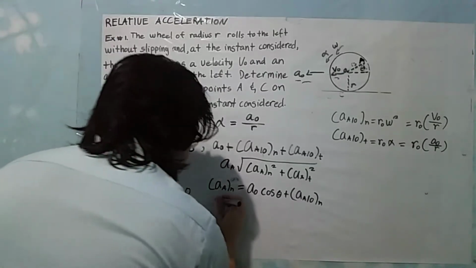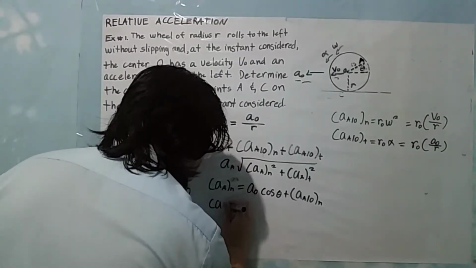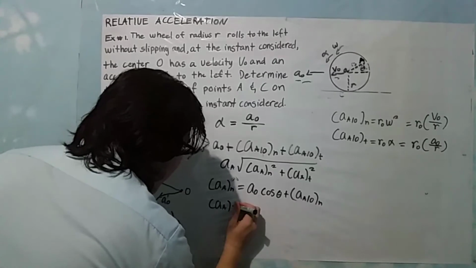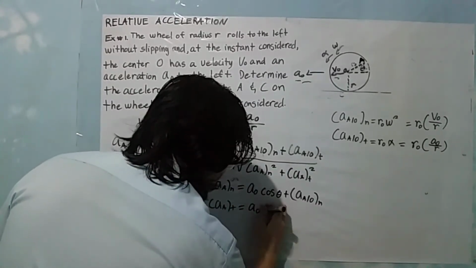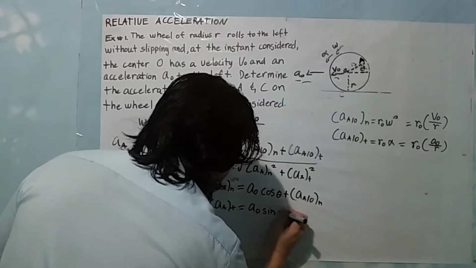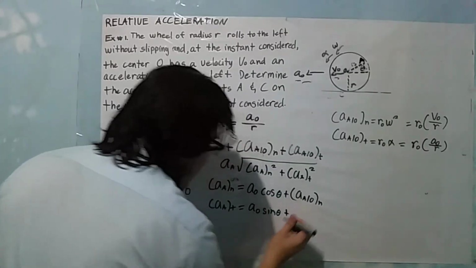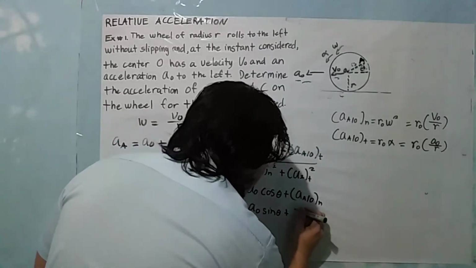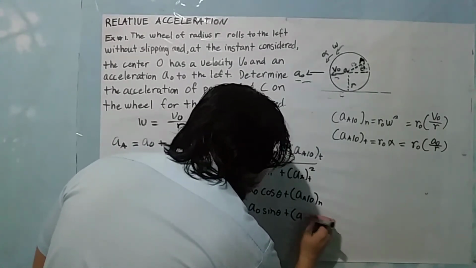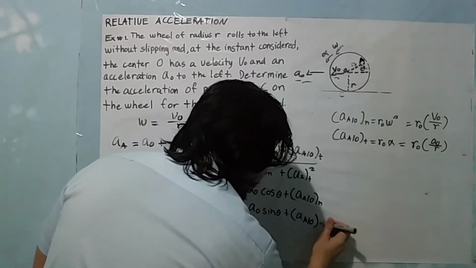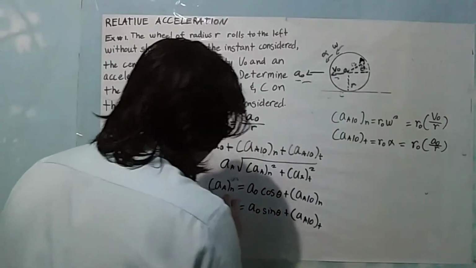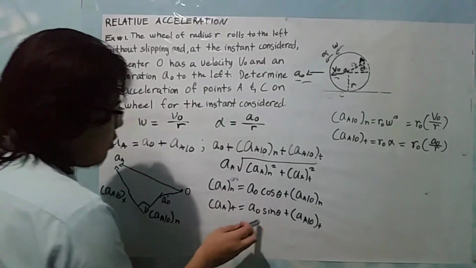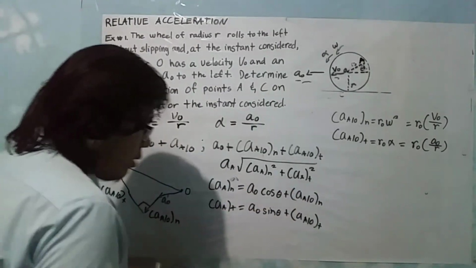For the tangential, acceleration at A tangential is equal to a sub 0 sine theta plus acceleration at point A and O tangential.